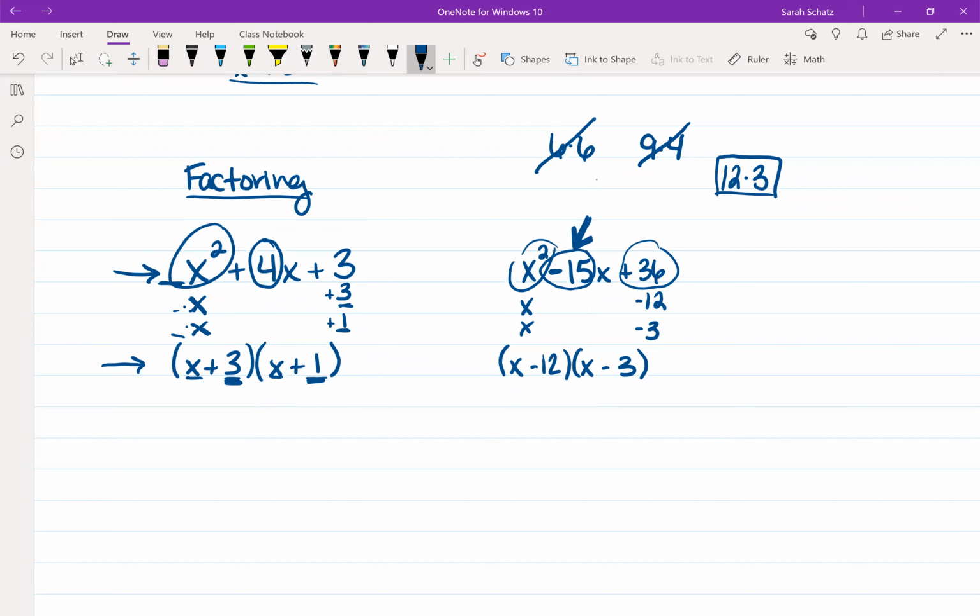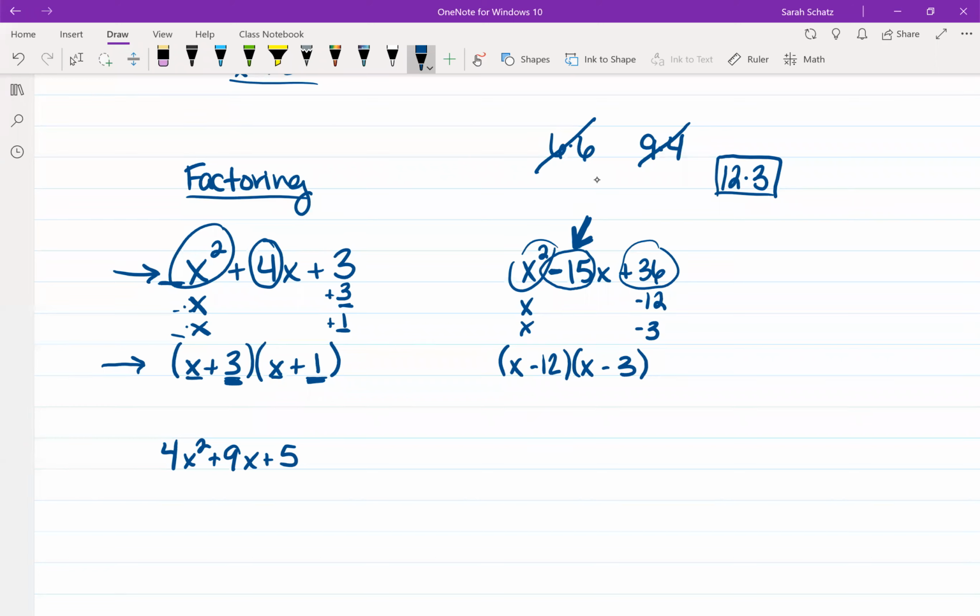All right, so let's look at another one. Let's put a coefficient on the x squared. Let's do 4x squared plus 9x plus 5. All right, so this is where they get more complicated because more things matter. We have to be more careful.